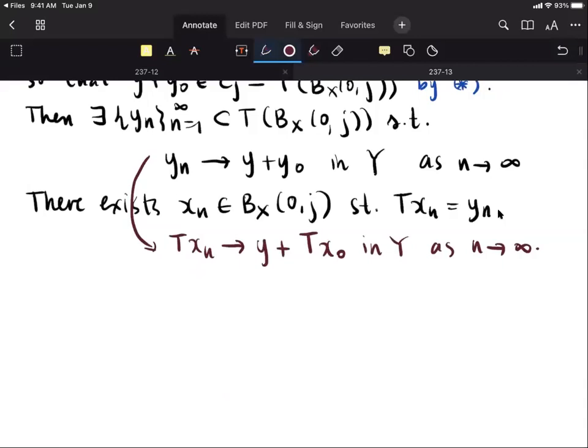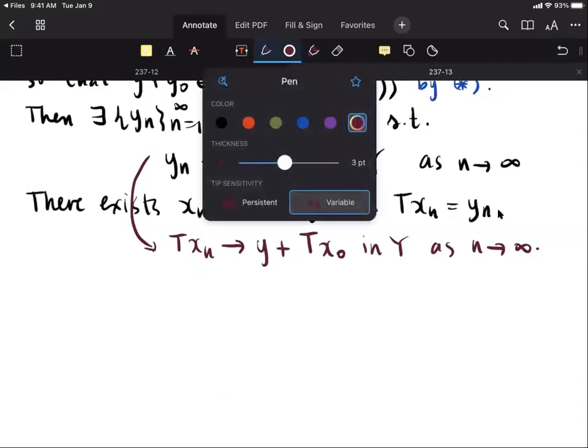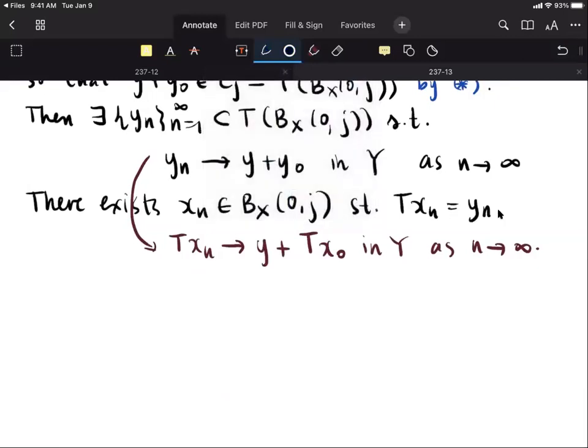So estimating the norm of the following. Let us first take this difference divided by something, so let us skip first the denominator.